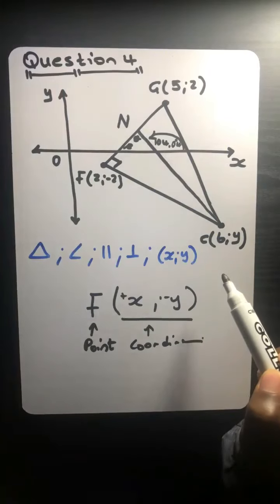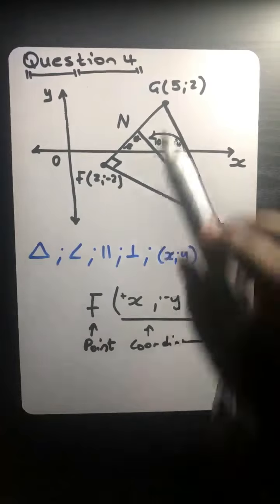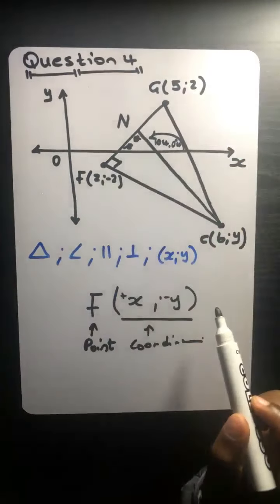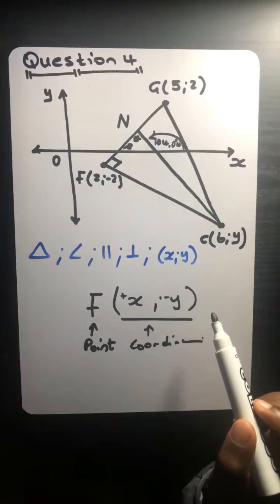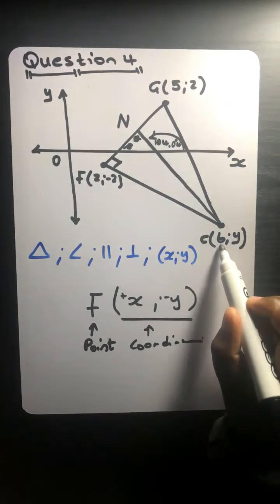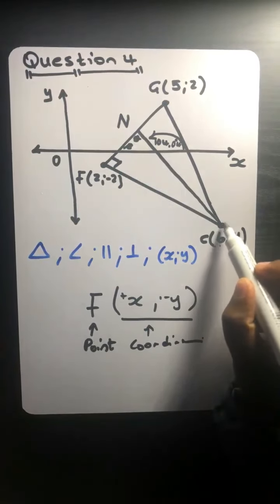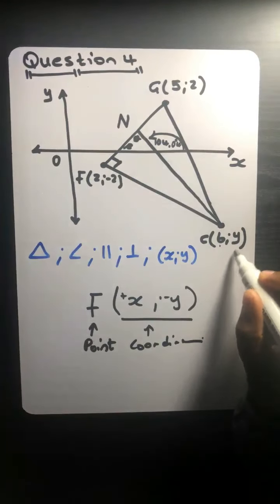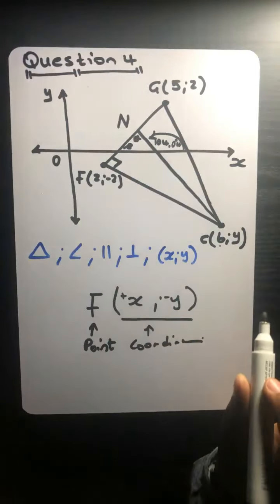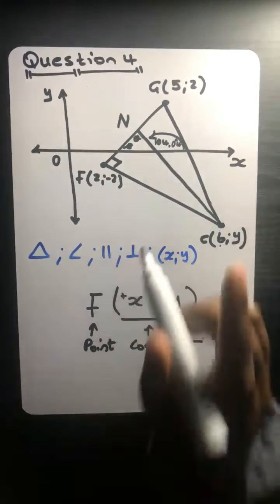G has got the coordinates +5 and +2, which means it has to be a point on the 1st quadrant. And C has got the coordinates 6 and Y. So we just know that the X value is 6, then we know it's on this side. But in terms of Y, because already it's a diagram with a point given there, if we get to a point where the question says calculate the y value, you must get a negative answer.